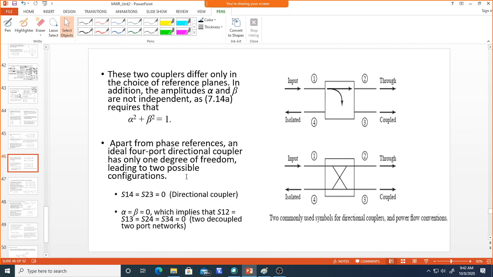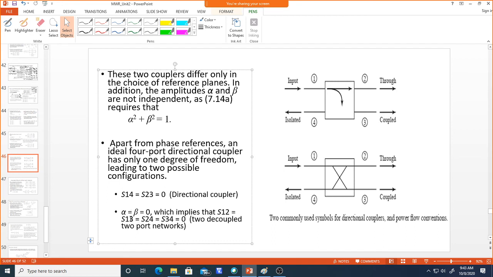Apart from this, we have already derived S41, S14 equal to S23 equal to 0, that is for the directional coupler. How much coupling power we need to design is user defined. Based on that, we need to define the values of the other parameters, that is alpha, beta, theta, as well as phi.